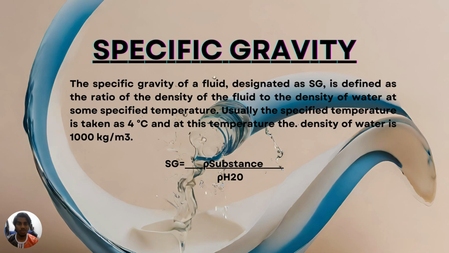That is why we use the Sg reference point as 4 Celsius. Sg's formula is basically density of substance over density of water. The reason why we use 4 Celsius is because the density of water at 4 Celsius is 1000 kilograms per meter cube. Thus the density of another substance can be calculated easily because the density of water is a constant value, which is 1000.